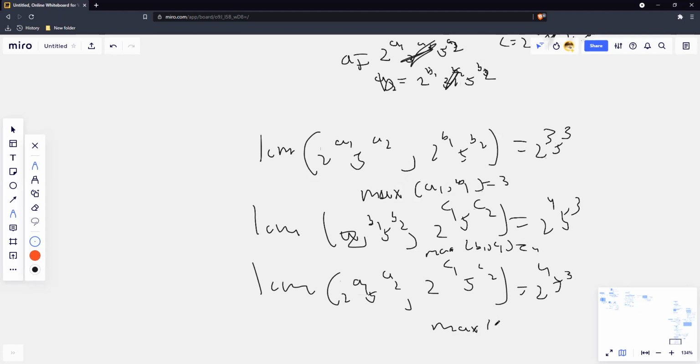Max of A1 comma C1 is also equal to 4. Okay, now I think it should be obvious here that C1 must be 4, because if we let A1 equal 4, then max will be 4, right? And we have it 3. And since C1 does not appear here, C1 must be equal to 4.